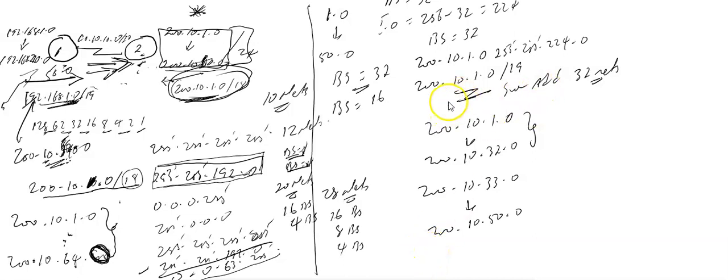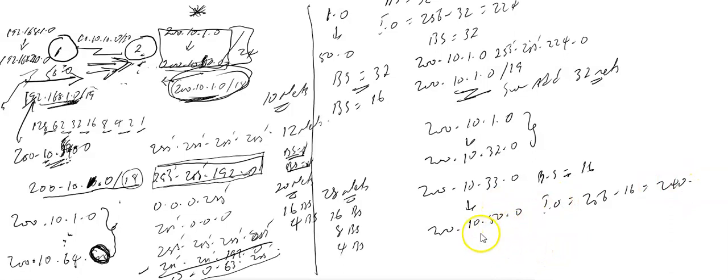Don't forget, this is the first summary address capturing the first 32 networks, 1.0 to 32.0. So using BS, BS now equals 16. Yes, BS equals 16. So my IO for that one will now be what? 256 minus 16, and that gives you 240.